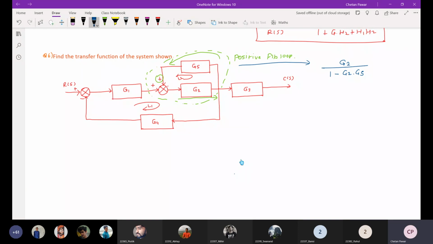So I will reduce this particular diagram.